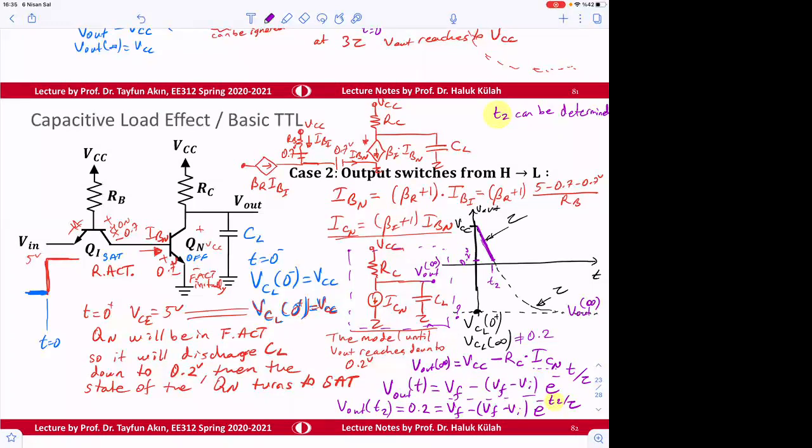V_CL infinity is equal to V_out infinity, so that's this value. So basically, the discharging occurs very fast here, so the switching time is very short. T2 is very short.